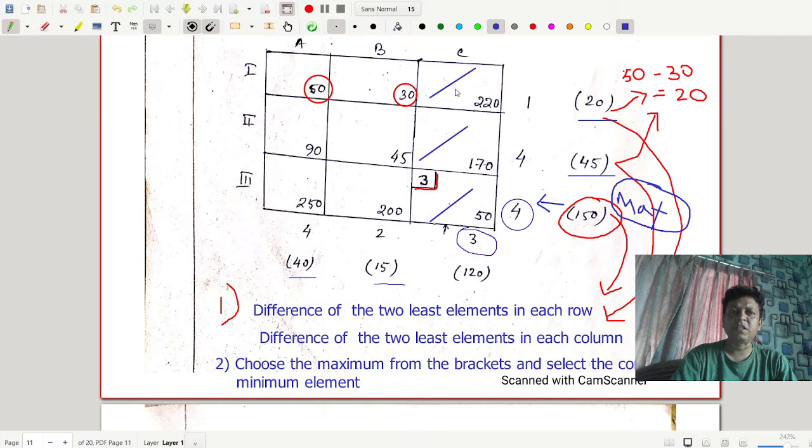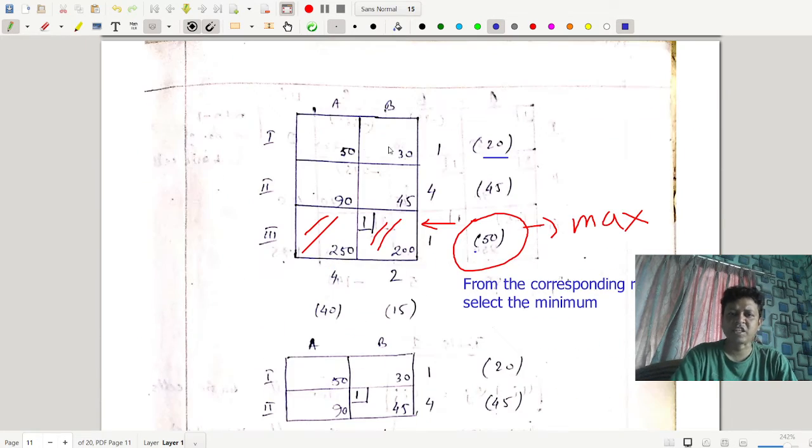So the requirement at this destination C has been exhausted, and 4 minus 3 is going to be 1. This column we will delete, just ignore it, it is not required. So go to the next table.